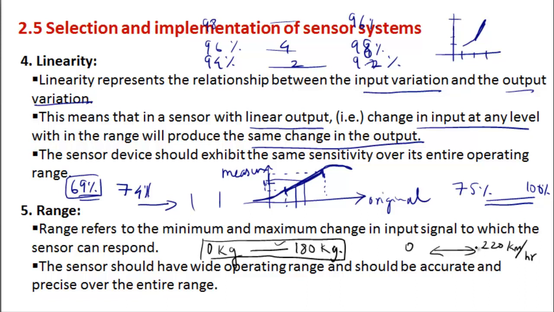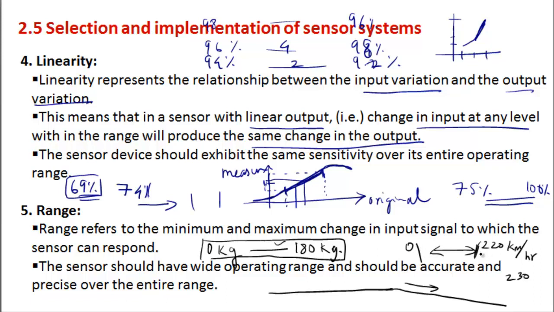Suppose you are driving at 220, and you were riding on a flat road, but suddenly there is a slope, and that slope is such that the weight of the bike itself is pushing it at a slightly higher speed. So let's say now, because of the slope, the bike has gained 230 km/h speed, but the maximum range that it is able to show is only from 0 to 220.